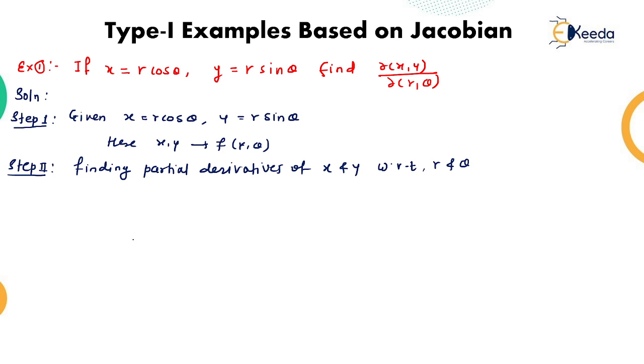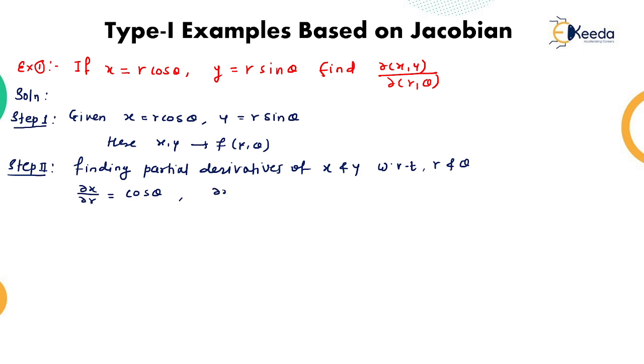So first, ∂x/∂r: you differentiate x with respect to r, keeping theta constant. It becomes cos theta, because x is r cos theta, the derivative of r is 1 and cos theta is a constant. Therefore ∂x/∂r equals cos theta.